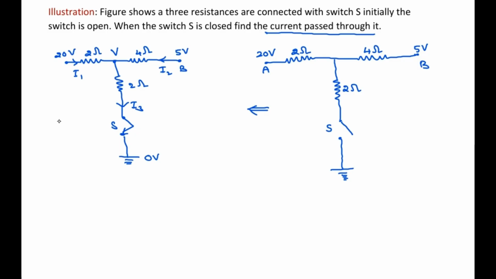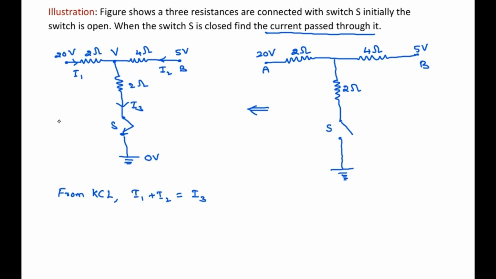So here we are discussing the application of Kirchhoff's current law. According to Kirchhoff's current law, I1 plus I2 is equal to I3. But we don't know the I1 and I2 values. So we will write in terms of voltages and resistances.